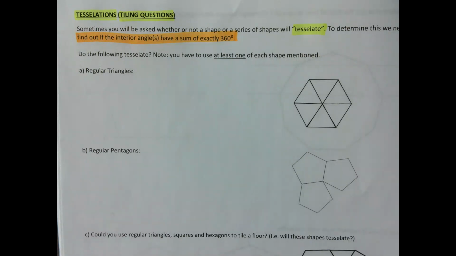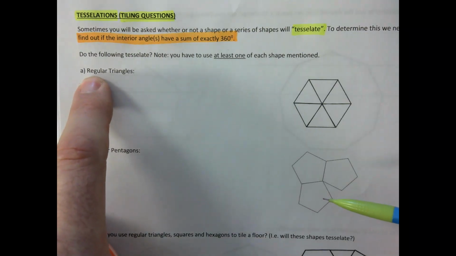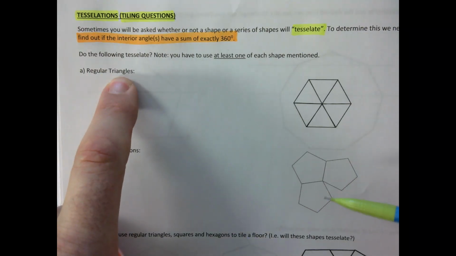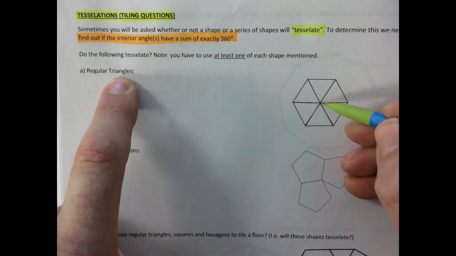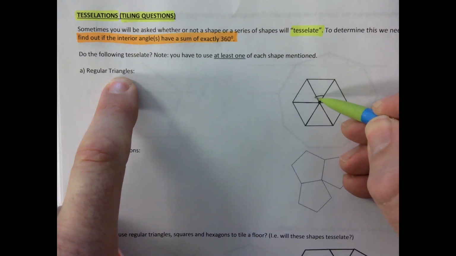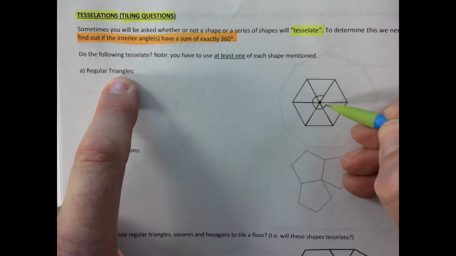I give you some visuals here so you can tell right away whether or not they can be used to tessellate. If I asked you about irregular triangles, you focus on one corner, and you want the 360 degrees around this point right here.